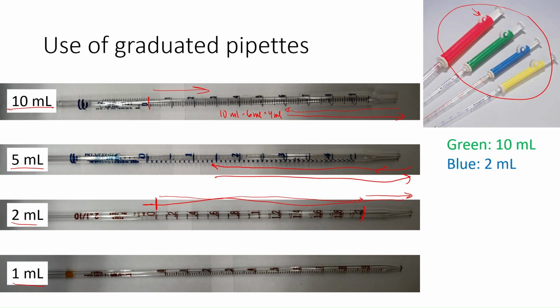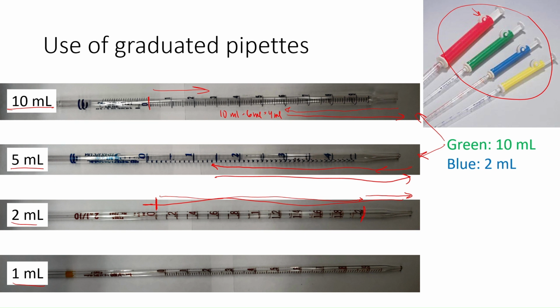The different colors are able to draw up and measure out certain volumes of air, and they will correspond to the pipette sizes. In this lab, we'll be using only 2 of those 4 colors. We'll be using the green thumb wheel for our 10 milliliter and 5 milliliter pipettes.